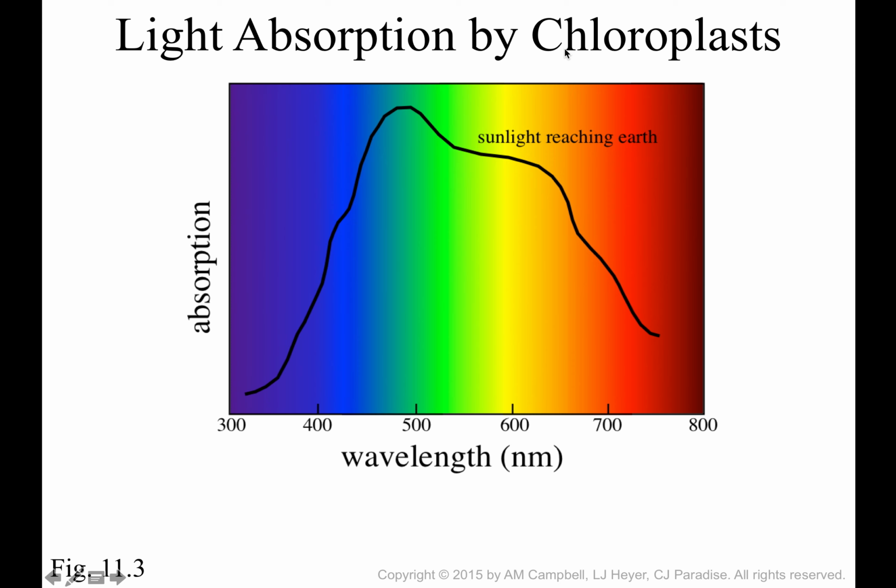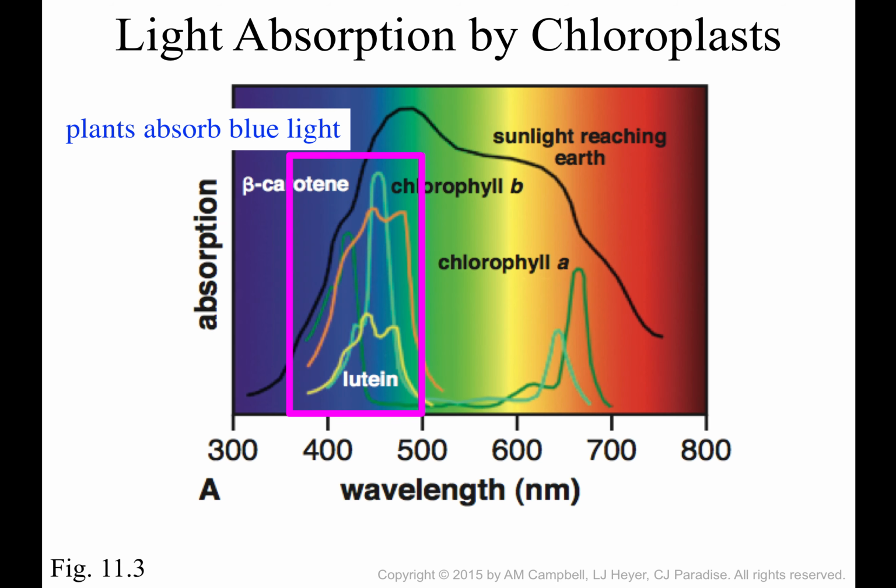If we look at chloroplast, the organelle inside plants that absorbs light, they have their peak absorbance in the 480 range, and then it falls off on either extreme. But chloroplast contains different sorts of pigments. You get to see these different pigments showing up in the fall.